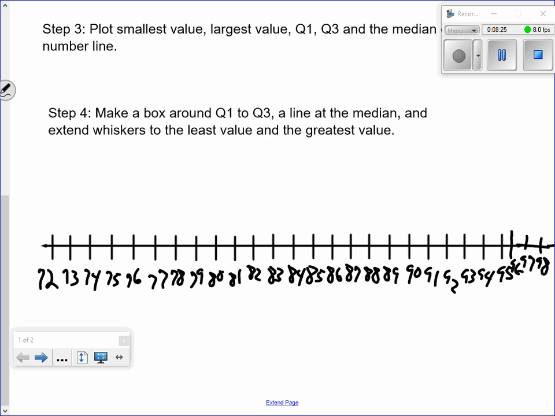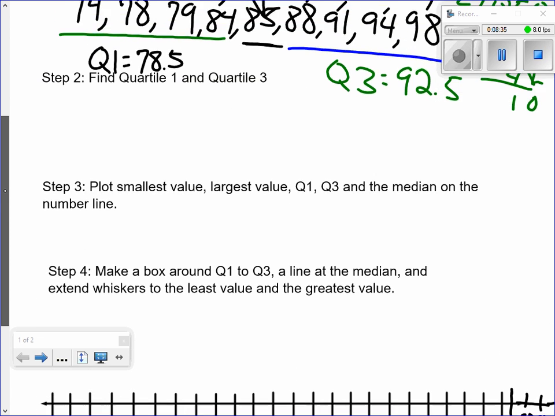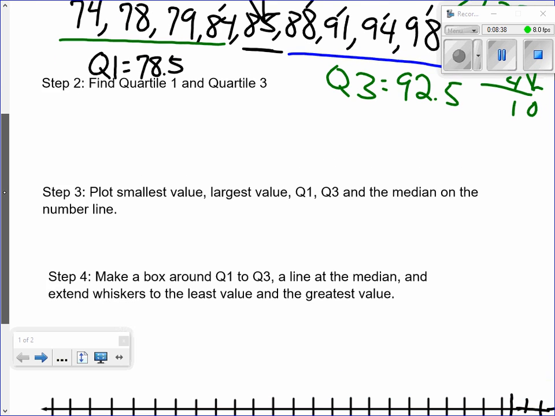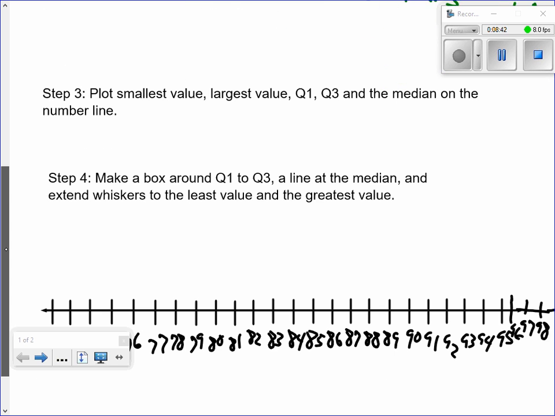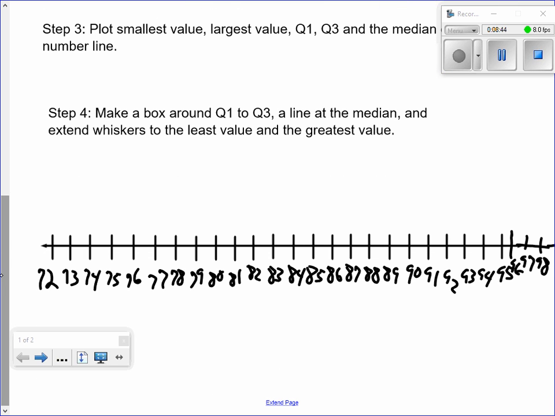Now, plot the smallest value. What was the smallest one we had? 74. What's the largest one? 98. Okay. So we plot that. That means we put a dot at 74. We plot one at the largest, 98.